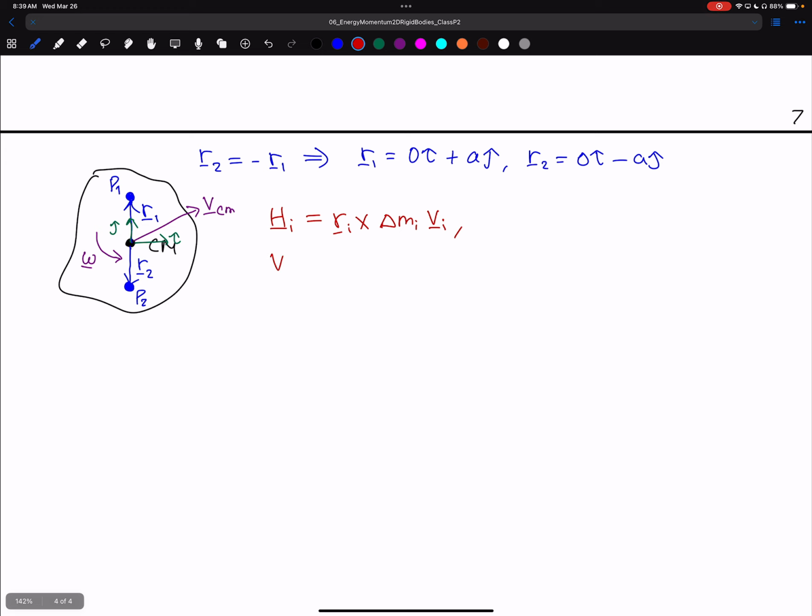Know that v sub i is equal to the velocity of the center of mass plus omega crossed with r_i. And so then we want to just plug into the angular momentum. H_i is equal to r. I'm going to pull out the delta m_i. Then it is r_i crossed with v sub cm plus omega crossed with r_i.